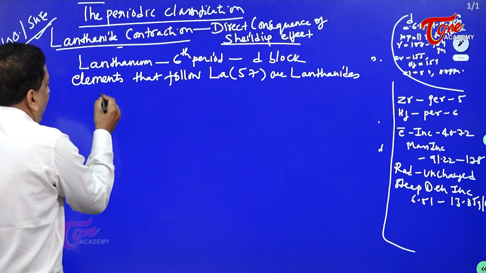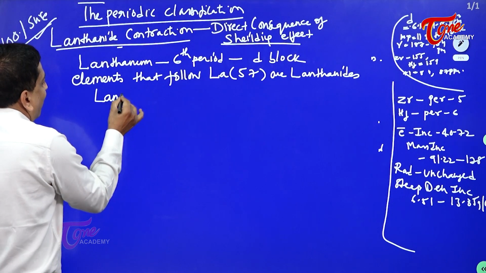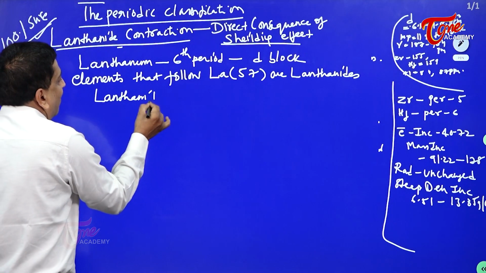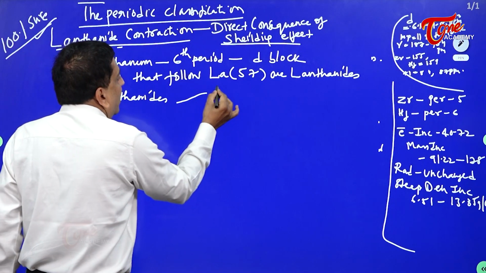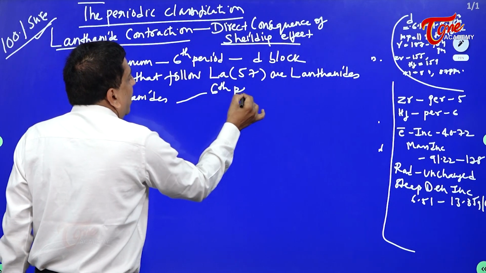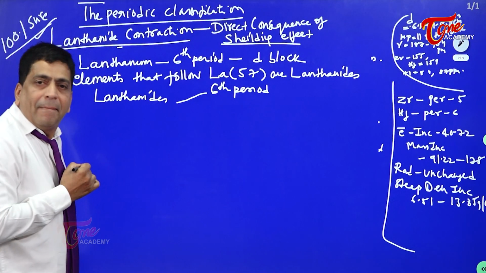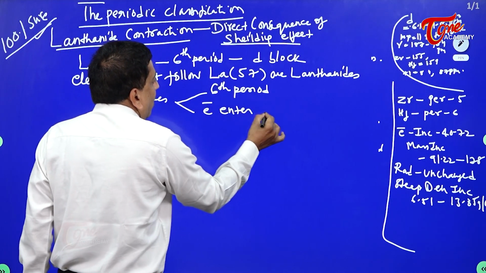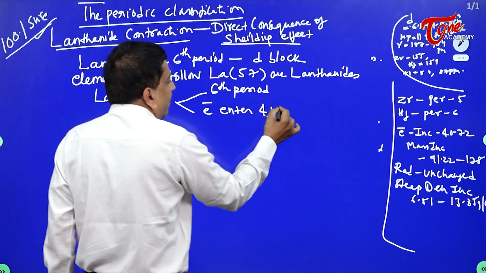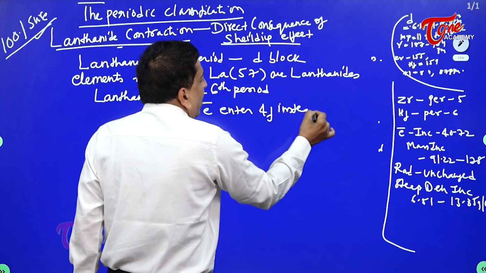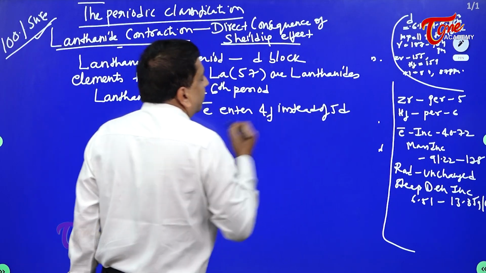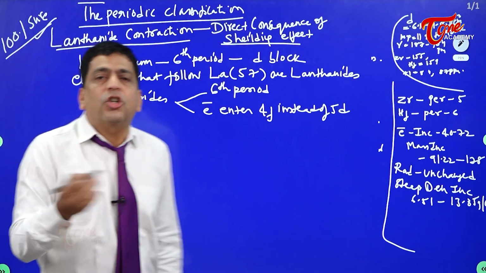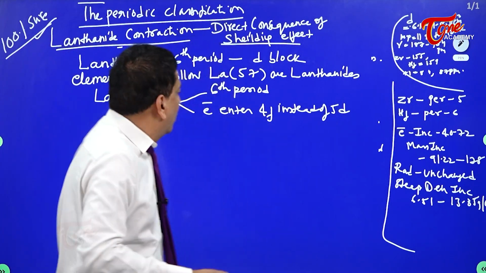Now these lanthanides, the feature is they also belong to the 6th period. Electrons enter 4F instead of 5D. Instead of what? 5D.